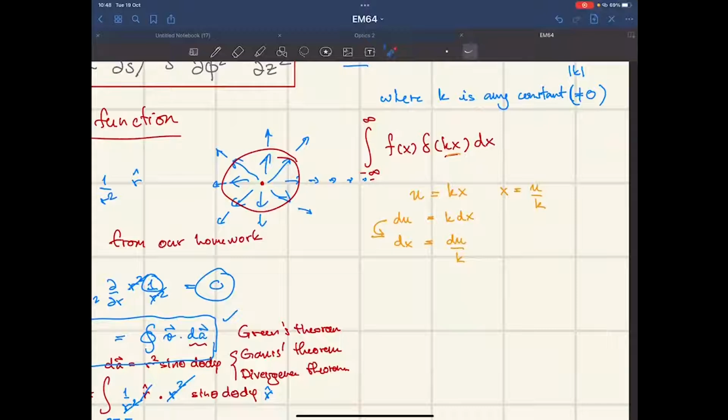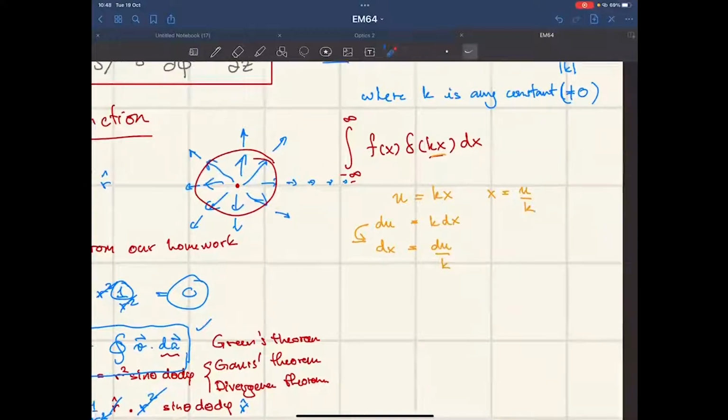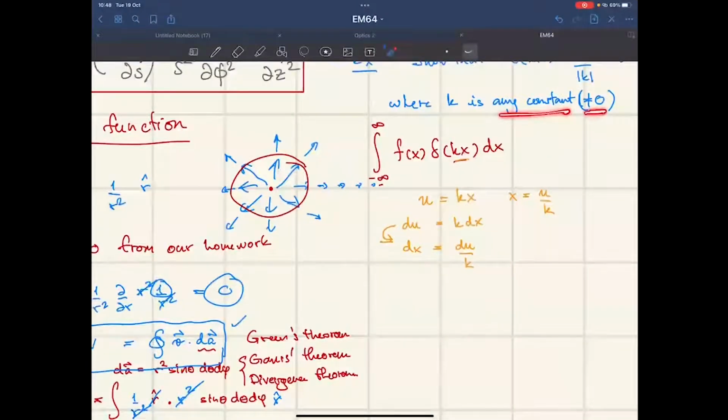It's still the same. But the problem here is that our k is just any constant, just not equal to 0. So it also includes minus k and plus k. It can be negative or positive, just not 0.